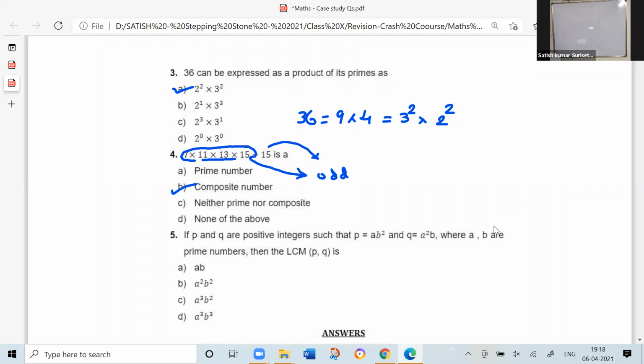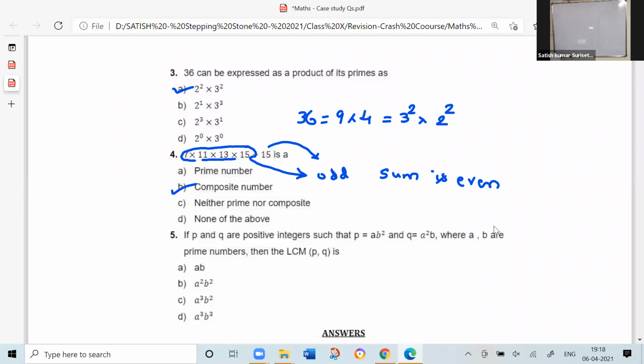So sum of two odd numbers is even. That means you can conclude that it is a composite number because 2 is a factor. Next. Sir, 15 can also be taken common. You can take common. Correct. That way also you can do it.